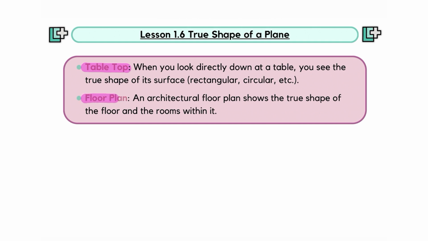The floor plan of a house is another example of this in play. So an architectural floor plan shows the true shape of the floor and the rooms within it. So if we relate back to previous concepts, if we're looking at any 3D object or any plane, we will see the true shape of that plane by looking perpendicular straight on at it.